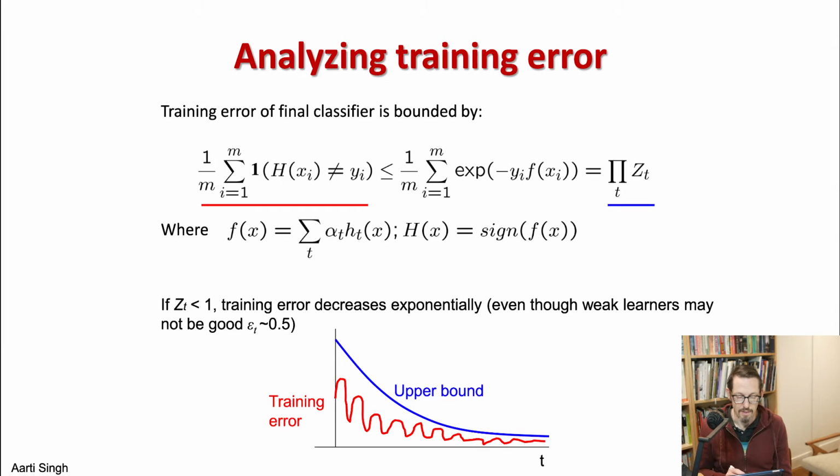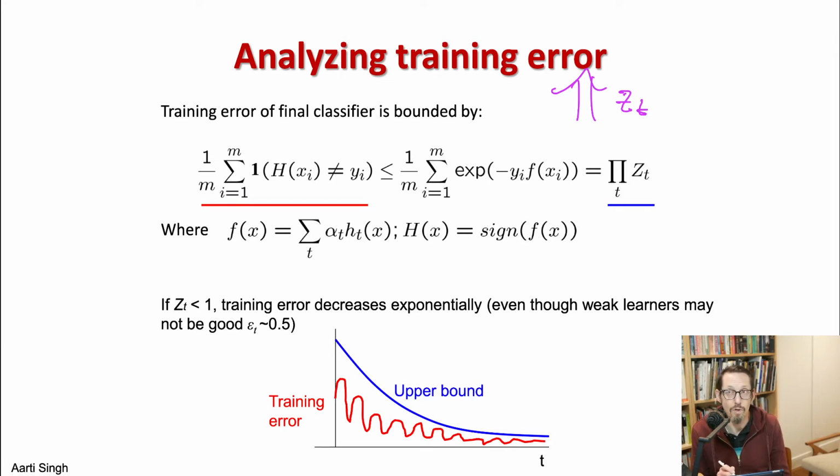All right, so again, the upper bound is the thing that's going to drive us down to 0, and we're going to be able to say that as long as z of t is less than 1, then the training error has to decrease exponentially. Why is that, right? If z of t is less than 1, then the product of z of t is got to be going towards 0, right?